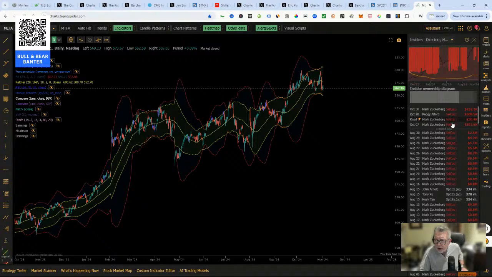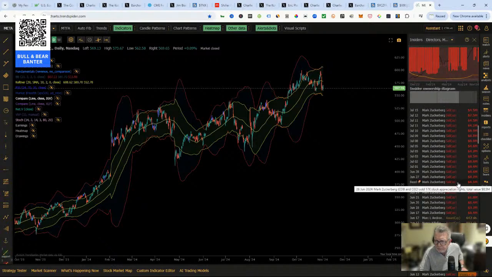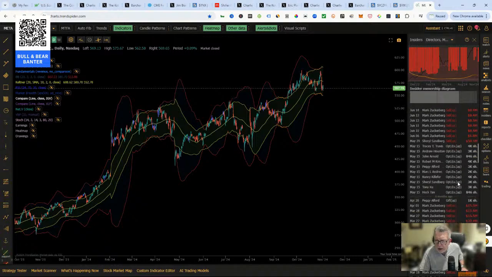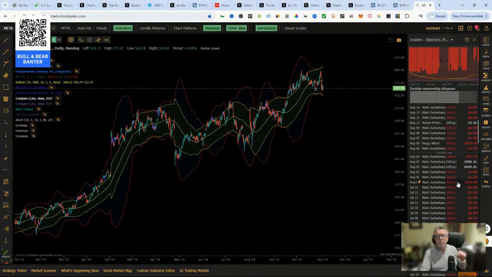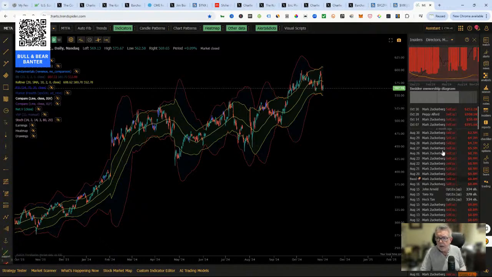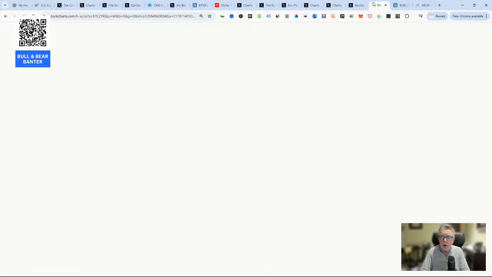He's slowed the rate of selling, but net, he's been selling this stock for a while now. So it's clear you haven't seen any insider buying at Meta, which should put concern into the hearts of those people that are buying these stocks with the valuation so high.